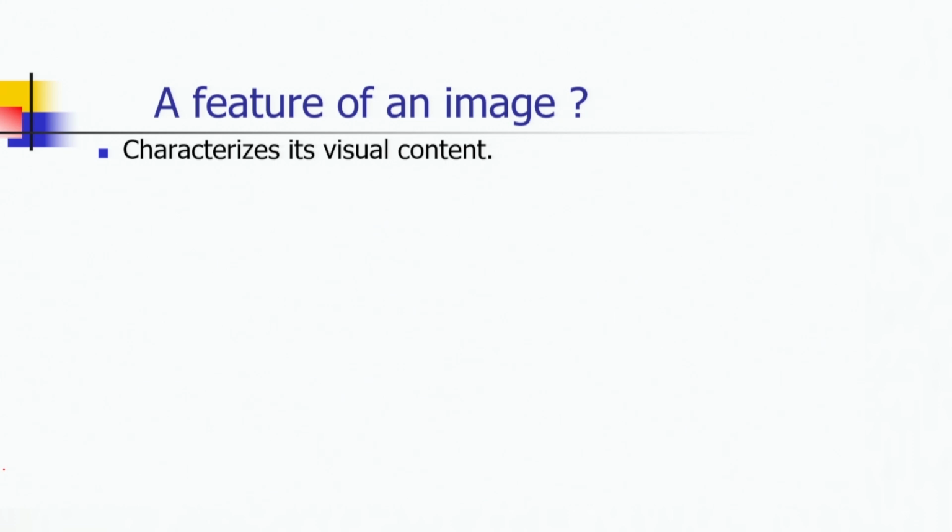First thing is that we consider a feature should be an entity such that it characterizes the visual content of an image. As we understand, one of the objectives of computer vision is to understand the scene which is in front of the camera, and the scene could be on a two-dimensional plane, or in three-dimensional space.